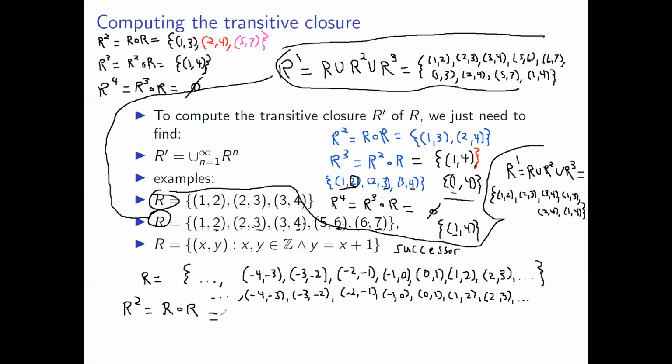So when we calculate the composition of R with itself, I'll put a dot, dot, dot, and we can look at each of these ordered pairs. We have -4, -3 there. We circle its second term. We need to find that second term as the first term in this copy of R down here.